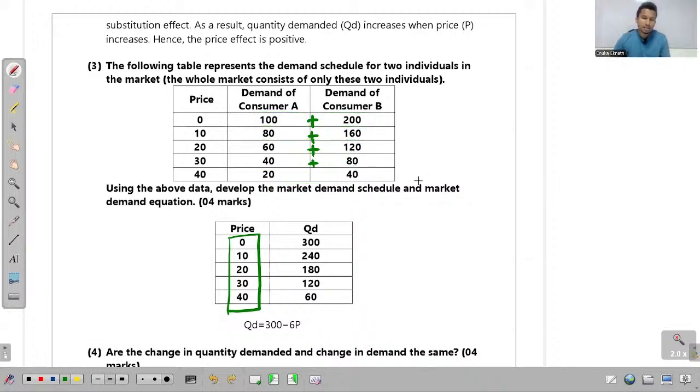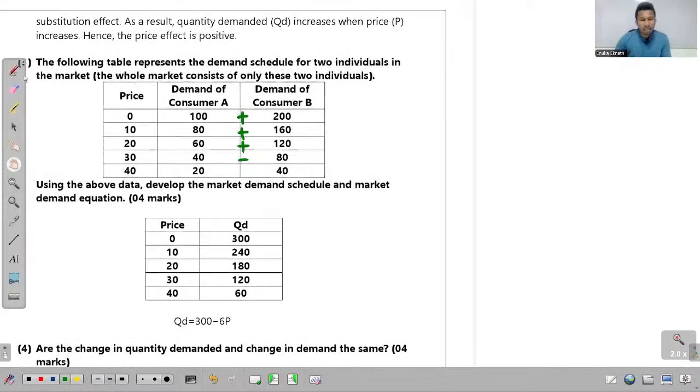And the second part is to develop the market demand equation. So we know that the general form of the demand equation is QD equals A minus BP. Normally, we find the term B first.